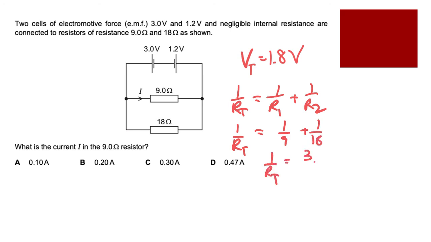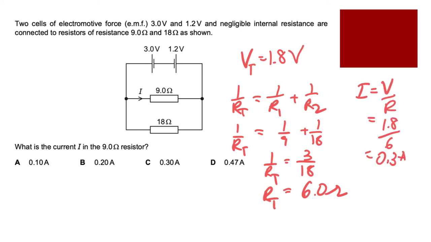It gives me 3 over 18, so R total is going to equal 6. Now with Ohm's law, we can calculate the current, and there we go, 0.3. So there's 0.3 amps of current in total coming from here.